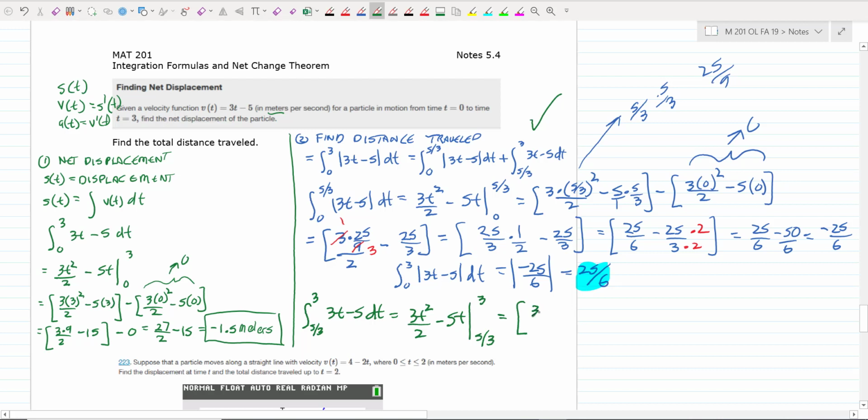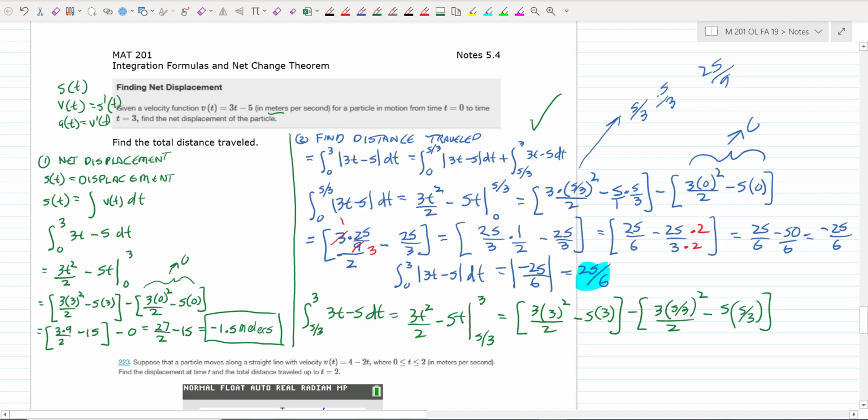Whoops, I've got to do the upper limit first, so I need to be careful and do this in the right order. So plug in the 3: 3 times 3 to the second over 2 minus 5 times 3. Then we plug in the 5/3, so it's 3 times (5/3) to the second over 2 minus 5 times 5/3. We need to work out the arithmetic on that.